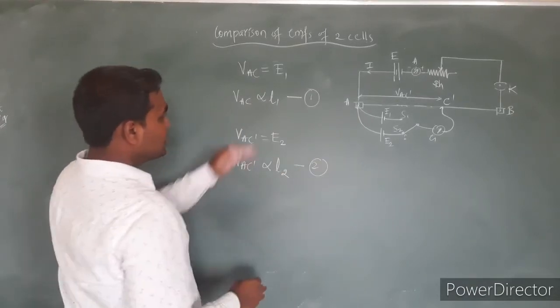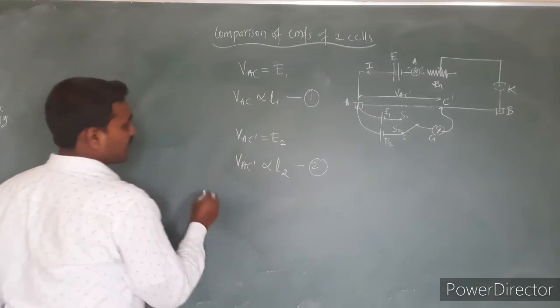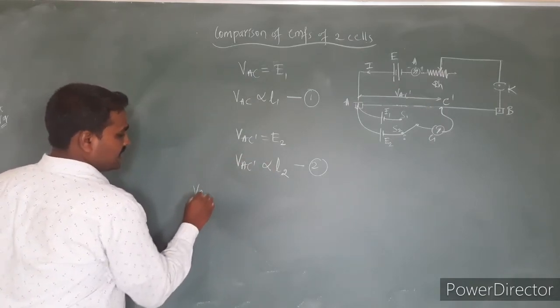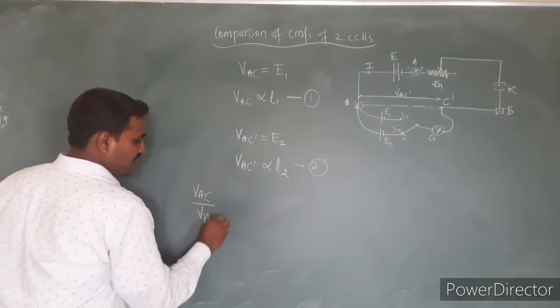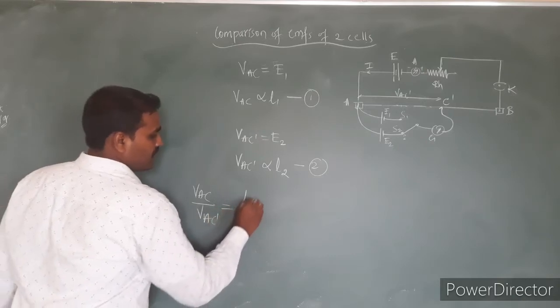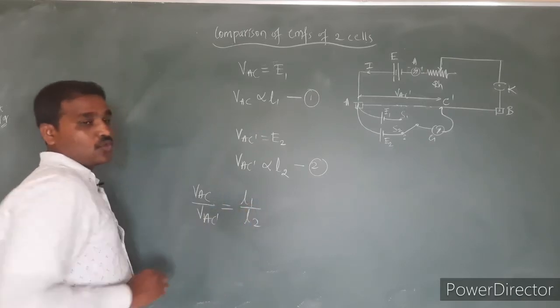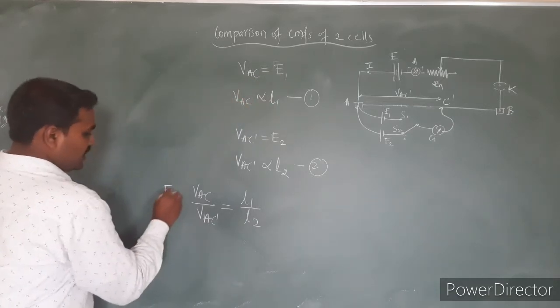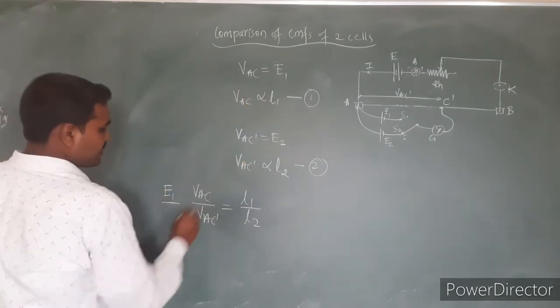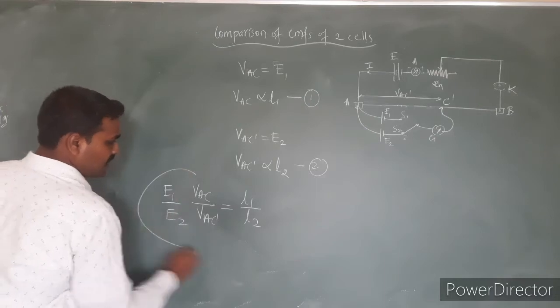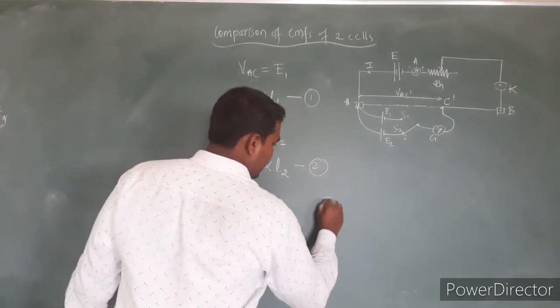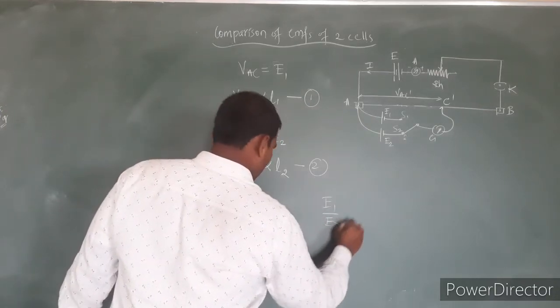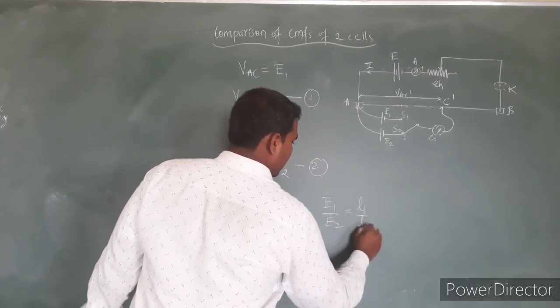Let us divide equation number 1 by 2. I can write VAC divided by VAC dash is equal to L1 divided by L2. But VAC is equal to E1, and VAC dash is equal to E2. So by using this I can write E1 divided by E2 is equal to L1 divided by L2.